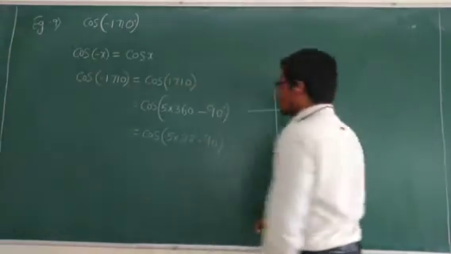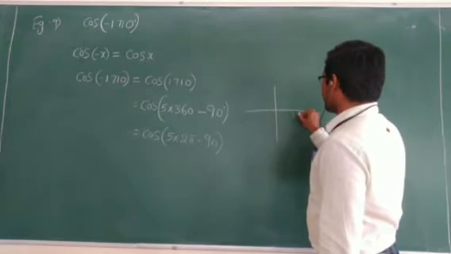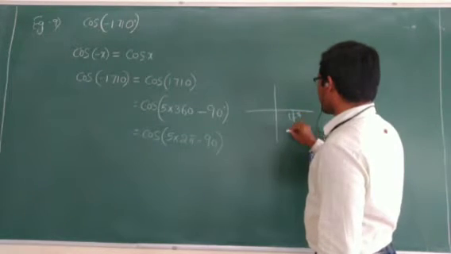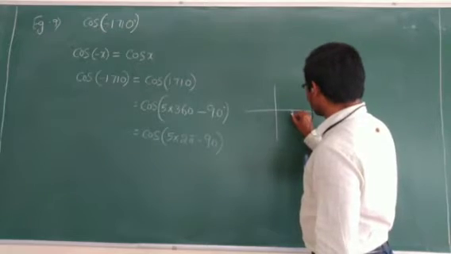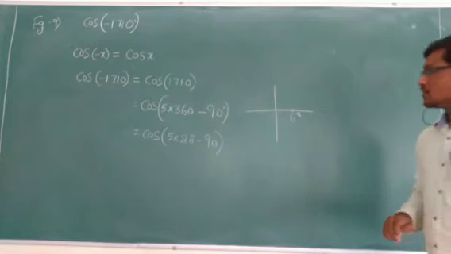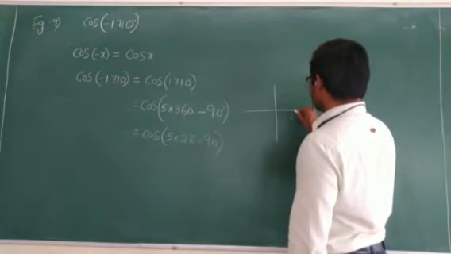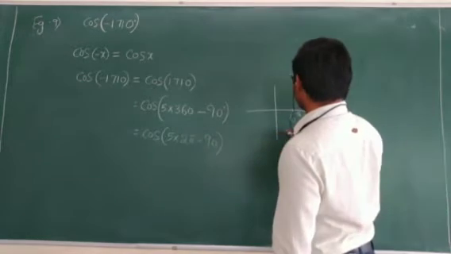If you take 2 pi, and again one more circle, we come here again, it will become 4 pi. One more time, it will become 6 pi. But here we have 5 times 2 pi.